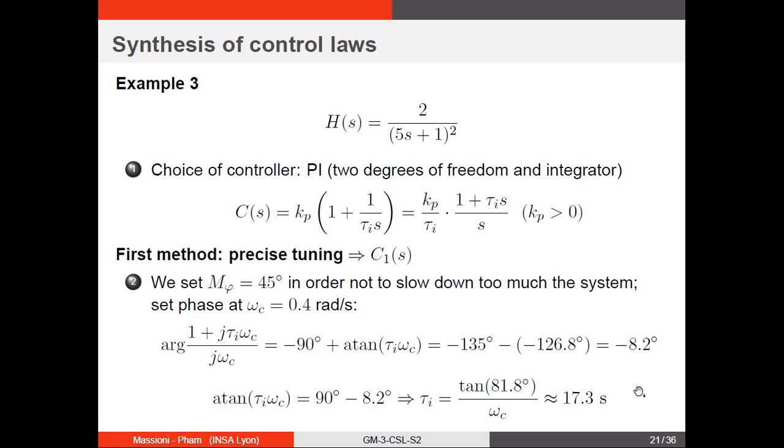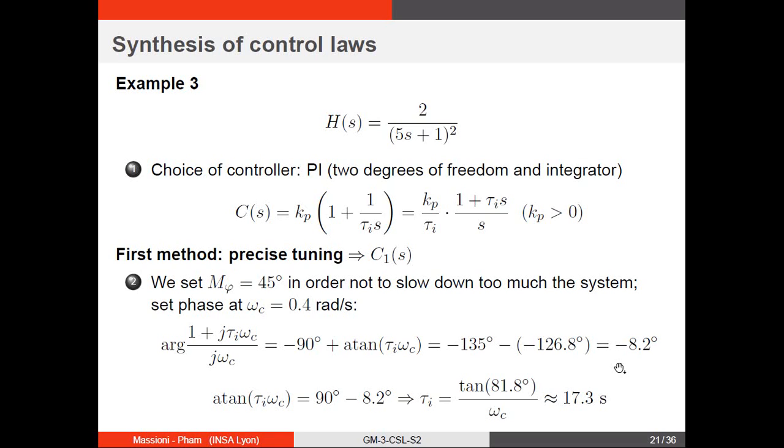You might ask at this point why we want to decrease the phase margin. Well, it can make sense not to have too high a phase margin, because phase margin is good in the sense that it gives you stability, but it also slows down the system.